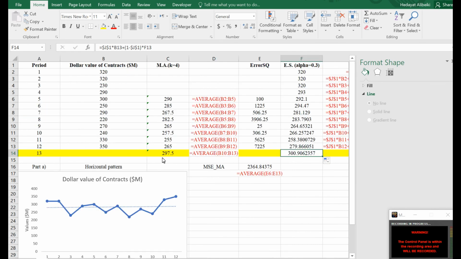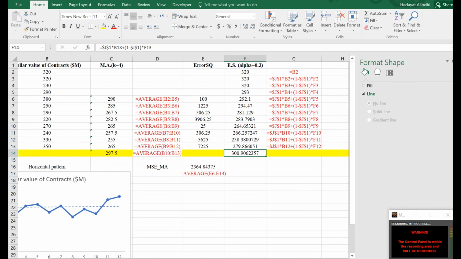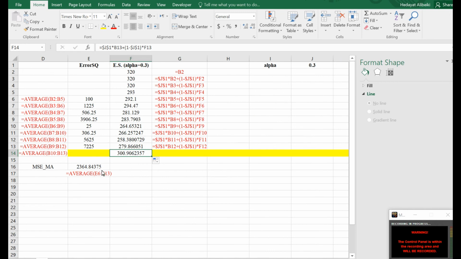We had 297 before, and now we have 300. To make it a little nicer, I can decrease decimals. Maybe 1 decimal is more than enough.